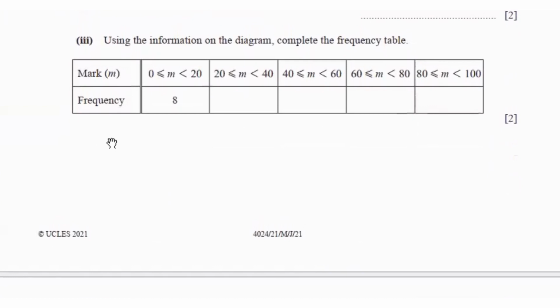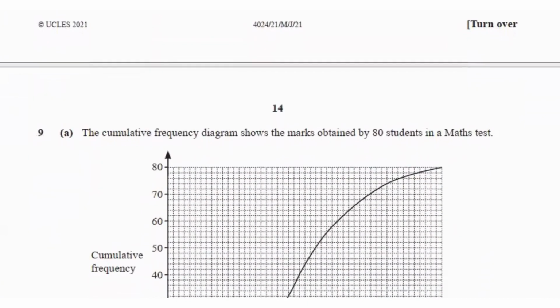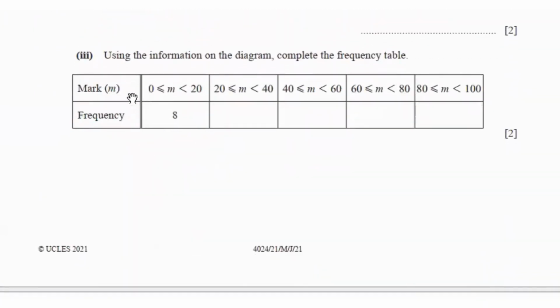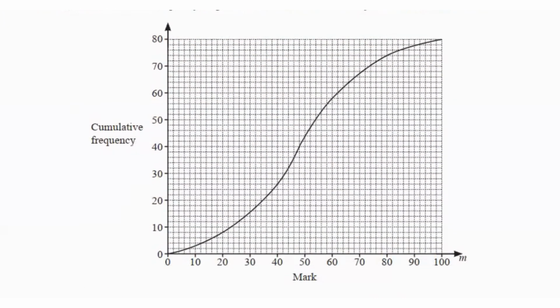Then it says use information on the diagram, complete the frequency table. So we know that the cumulative frequency is 80 and they've given us the first frequency. So if we find the value at 40, the cumulative frequency at 40 is given as 26.